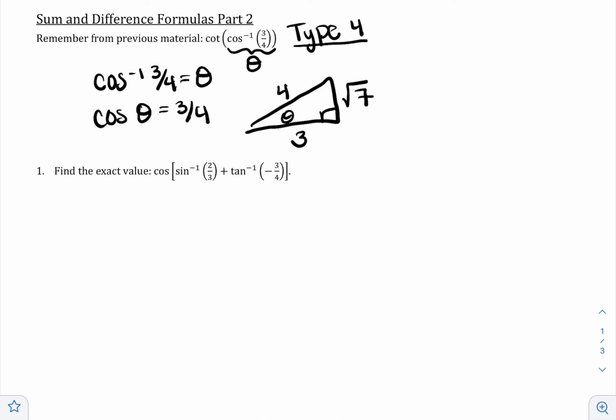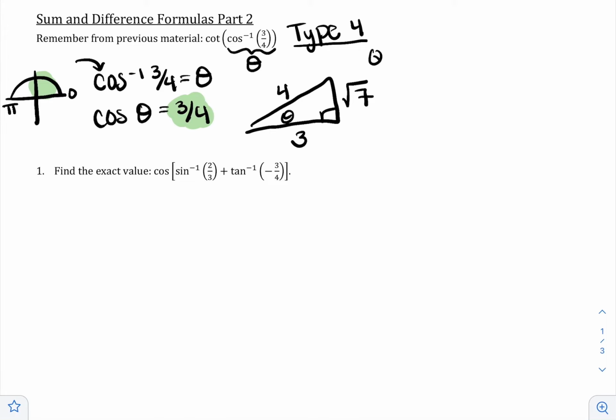Now the tricky part about that, which again I'm going to repeat, is the quadrant, which a lot of people forget. Triangle, quadrant, they go together. So the way that we find the quadrant is where you created the inverse. So cosine inverse is restricted from 0 to pi. But because this ratio is a positive ratio, it's going to be in quadrant 1, because in quadrant 2, cosine is negative.